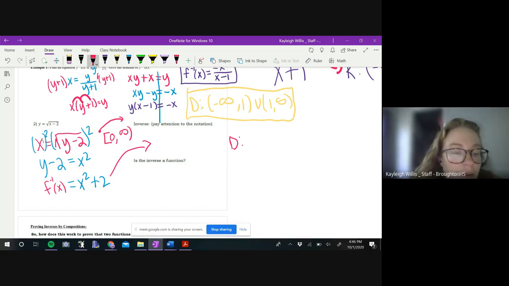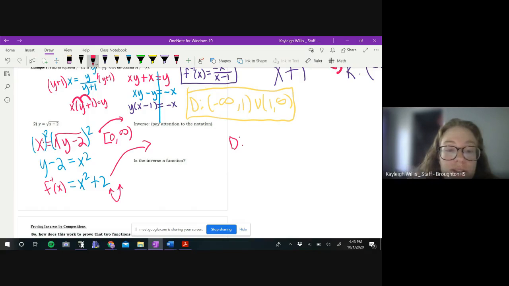Now, if we look at the inverse, you would think it's a parabola, but remember, we're graphing the inverse of the original function. We don't have a full parabola in this problem. So we need to restrict it so that we only have the half that we want.